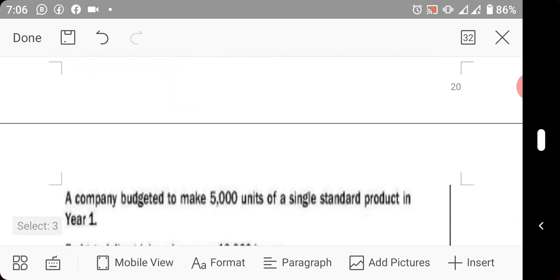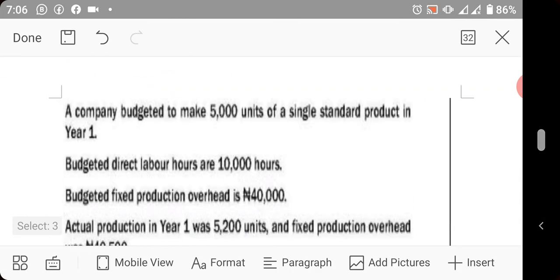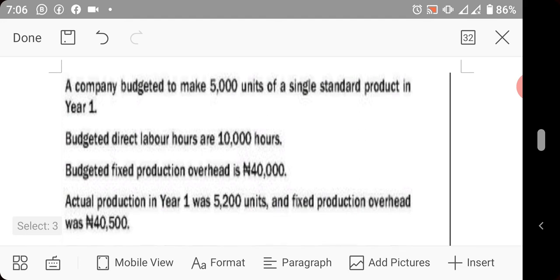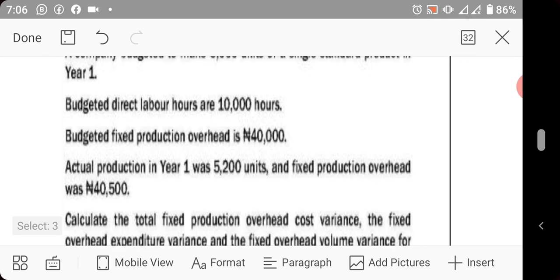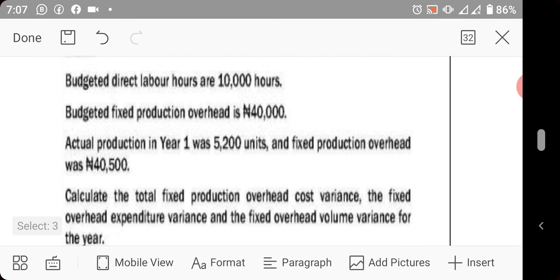Okay, this is a question. A company budgeted to make 5,000 units of a single product in year one. Budgeted direct labor hours are 10,000 hours. Budgeted fixed production overhead is 40,000 naira. Actual production in year one was 5,200 units, and actual fixed production overhead was 40,500.